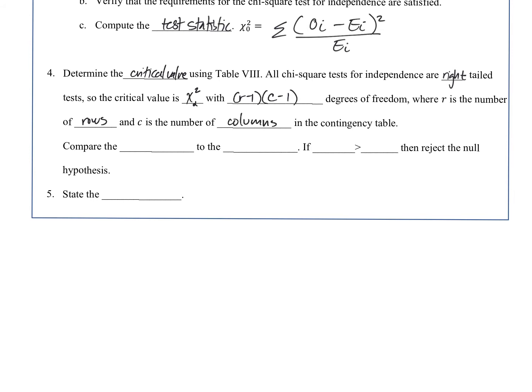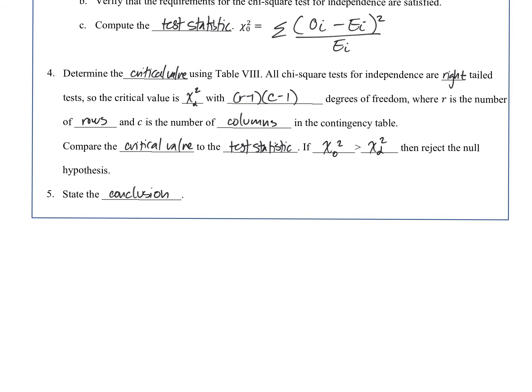So once we've found that, we're going to compare the critical value to the test statistic, basically the same steps we've been looking at previously. And if we find out that our test statistic is greater than our critical value, then we reject the null hypothesis. And at the end, we'll state the conclusion.